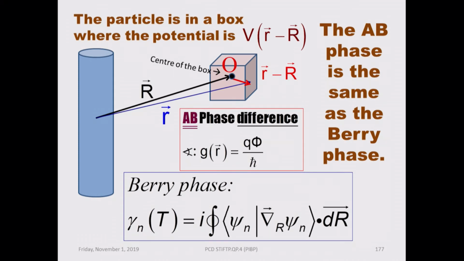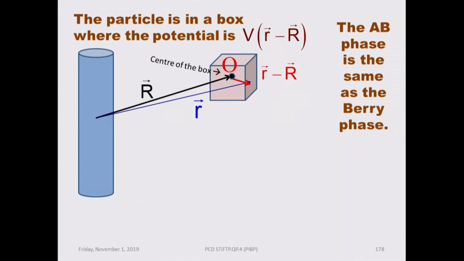So we will have to take the wave function, take its gradient, and then determine this integral which you see in the expression for the Berry phase, and we hope to discover that it will turn out to be the same as the Aharonov-Bohm phase, which is q phi over h cross. So let us see what happens.